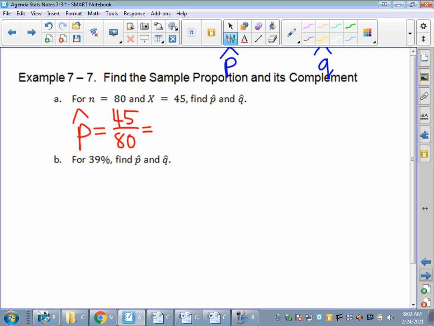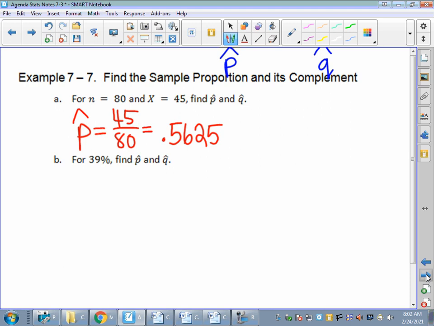I'm going to turn that into a decimal. I got 0.5625. Since it was rational, I just kept it rational. So Q hat is the complement. We could say, well, if 45 people out of the 80 walked into someone, how many didn't walk into someone? 35 out of 80, right? We subtracted.